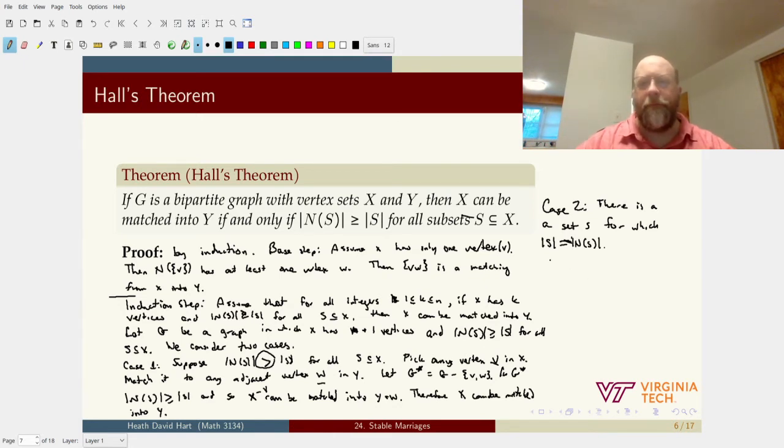All right, there's a set S for which S is equal to N of S. Then X minus S is equal to the neighbors of X minus S.